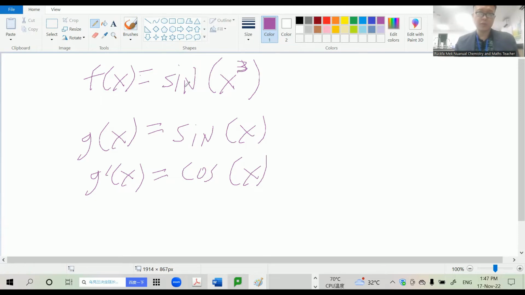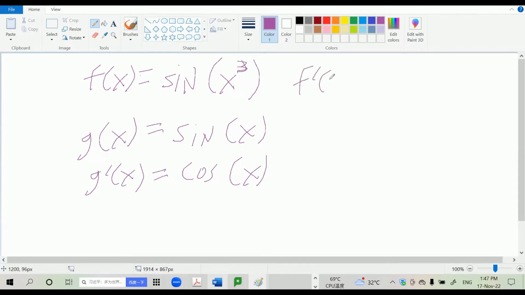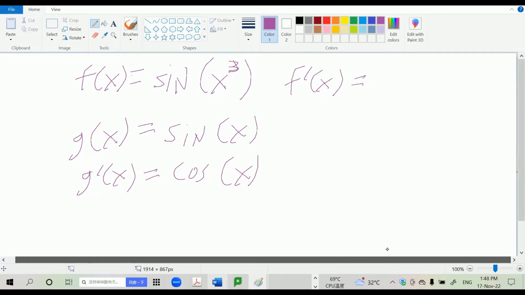So if I'm looking at f of x and I don't know where to stop, let's do the derivative first. I'm going to use the chain rule this way.